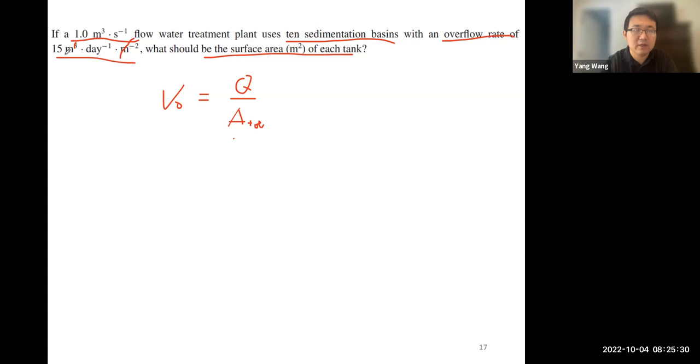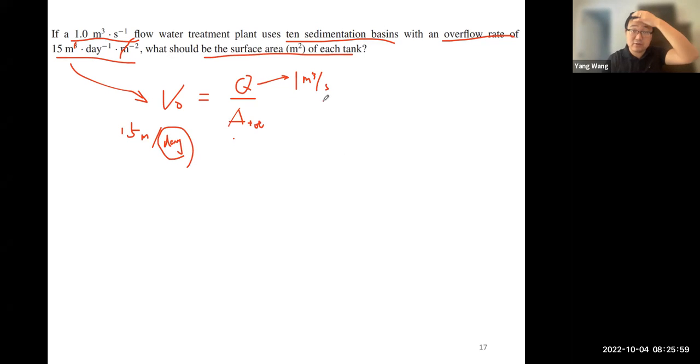If you plug in this value, 50 meter per day, and the flow rate is 1 meter cubed per second, you can move the total area to the left-hand side and divide flow rate by the velocity. But one thing you need to pay attention to is that here it's using day and here it's using second, so you need to do a unit conversion.